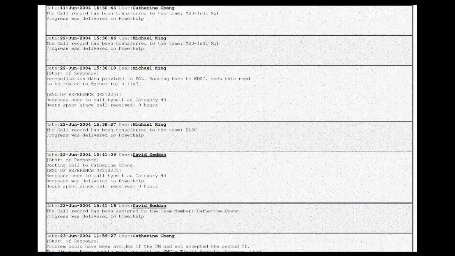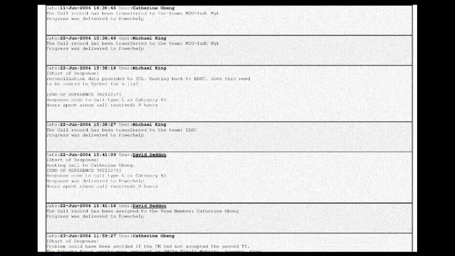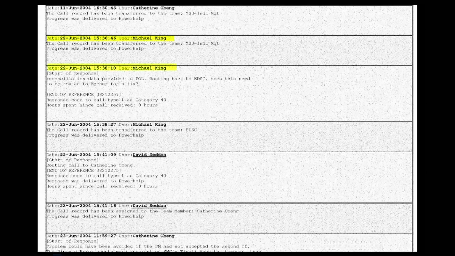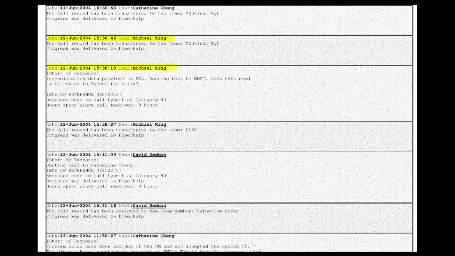And then if we scroll down, please, to the 22nd of June. 153646, the call record has been transferred to the team MSU. Yes. And then if we look at the entry immediately below from Michael King, reconciliation data provided to Pol, routing back to the EDSC.